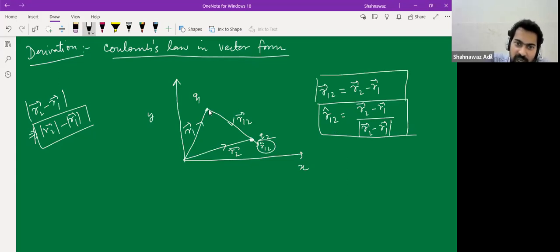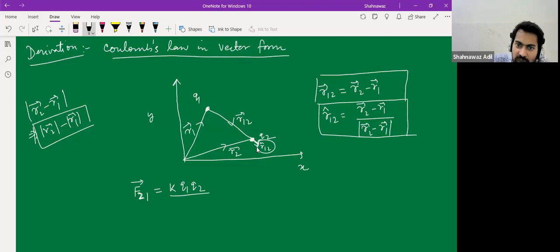And we want to calculate the force on charge 2 due to charge 1, and this is the vector. So this would be k q1 q2 by the magnitude of this separation vector. This charge will try to repel the other in this direction.